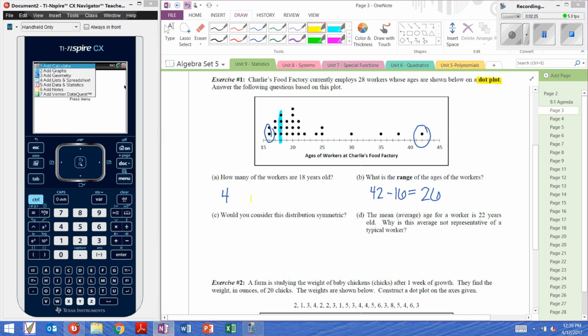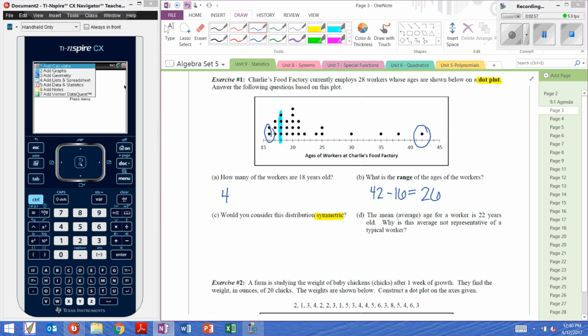Part C asks us, would you consider this distribution, so all of these point values, symmetric? When we think symmetric, we're looking at the word symmetry, so think a butterfly. We want the data to be the same on both sides. Unfortunately, that is not the case here. You can see that our data towards the left side, like the 15 through 25 range, is very concentrated down there, and we don't see much going on the right-hand side.